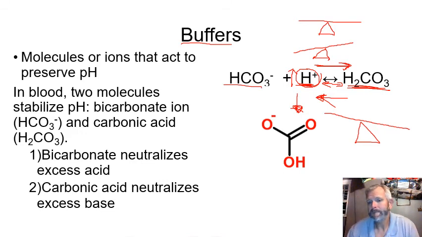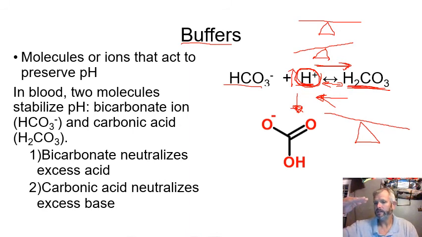Okay, so what if this carbonic acid ionizes and creates bicarbonate, and that would increase the amount of ions, and therefore if I draw this equation, I'm losing from this side and gaining to this side with the hydrogen ions.